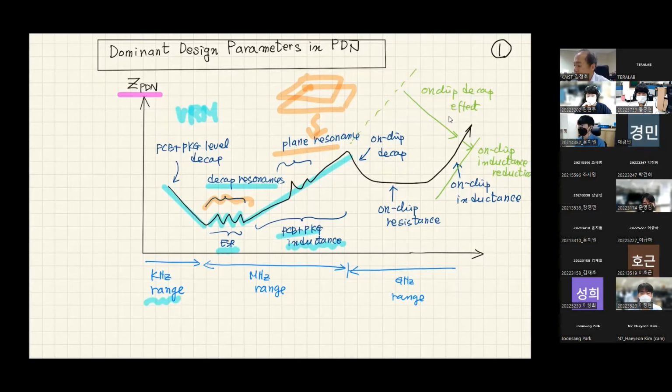In the gigahertz range, we want to bring down the impedance. The very effective and only way to do that is to put on-chip decoupling capacitors. The reason is that it has very low self-inductance and interconnection inductance.